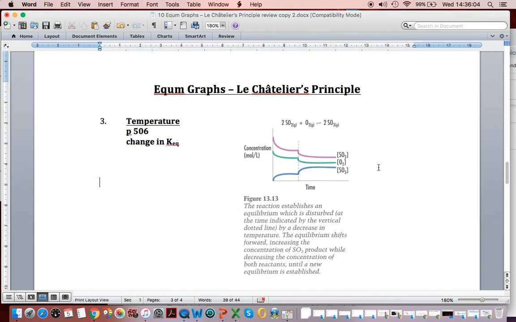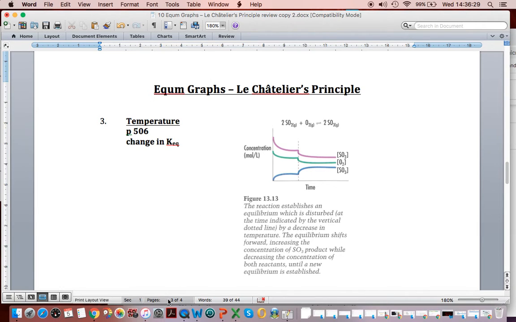It no longer satisfies the earlier value for KEQ. So at a new temperature, we have a new value of KEQ. In a temperature change, everything curves to a new equilibrium. There's no spiking or dropping of any of the chemicals. It's a curving to a new equilibrium and they flatten out again.